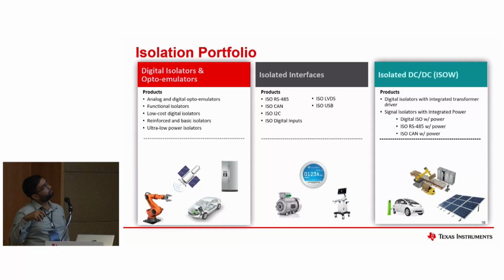It includes functional isolators, the digital isolators, which is the most commonly used isolation component in isolation applications. Then ultra low power isolators. These are a little low on speed, but they save an enormous amount of power between each communication cycle, so the total power consumption is very low here. The analog and digital optoemulators I'm going to talk about in more detail in a coming slide.